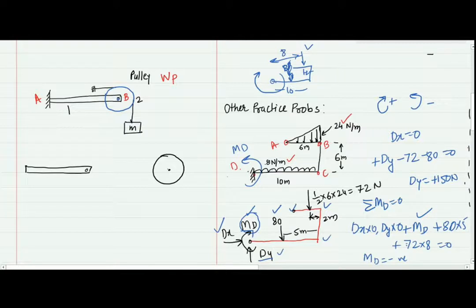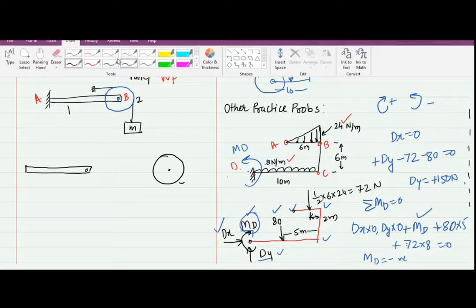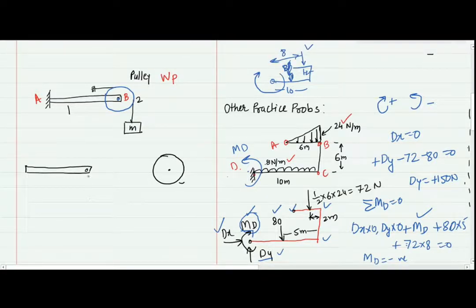So if I am applying some action and reaction, we must consider that whatever force we apply on the pulley, the equal and opposite will act here. If we decide the direction on the pulley, that is random. We can take any direction when we make the free body diagram of the pulley, but once we fix the direction, we cannot again make a random choice when we draw the forces at point B, that is the counterpart of the pulley.